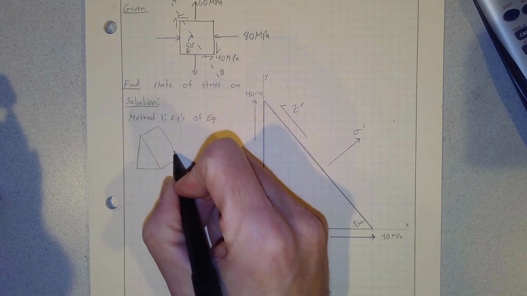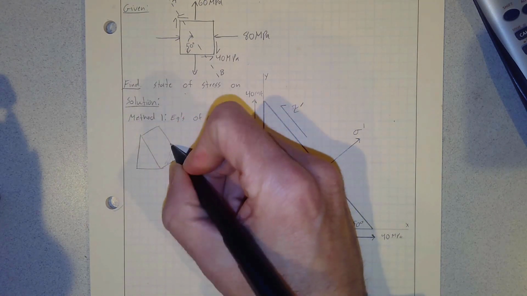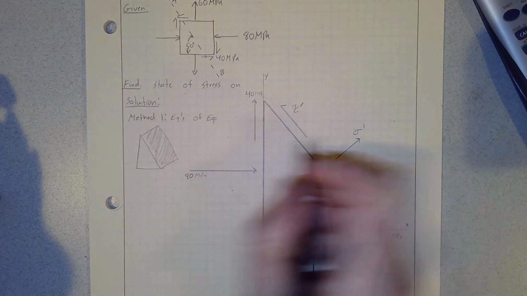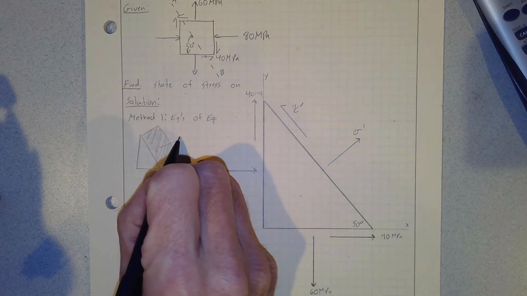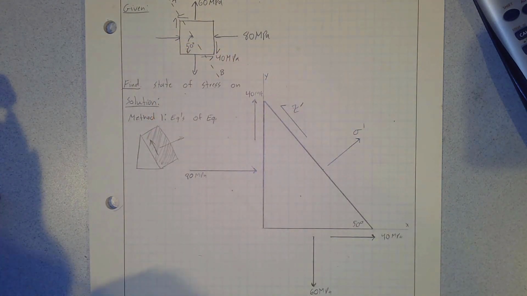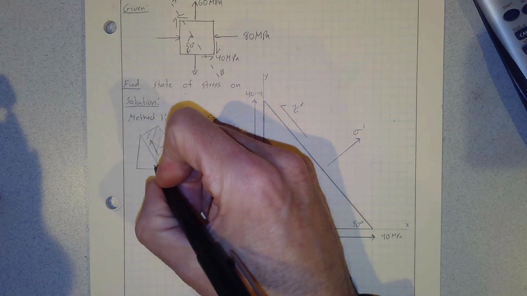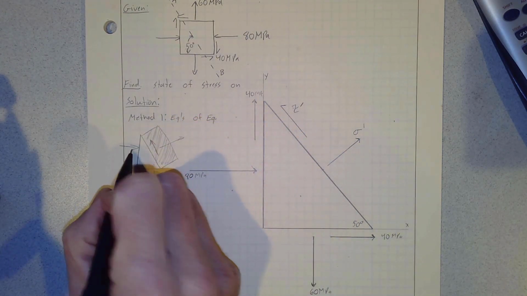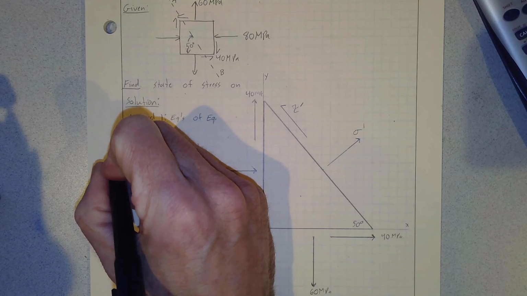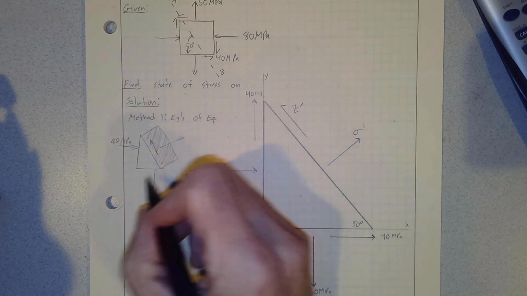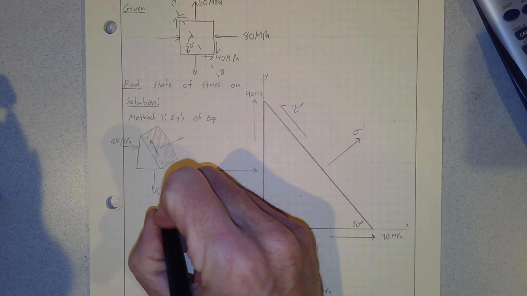The shaded area is the plane that has our unknown normal stress acting out of that plane, and our unknown shear stress acting along that plane. And then we'd have our 60 megapascals of tension coming down there, and we'd have our 80 megapascals of compression on there. So again, those are stresses.